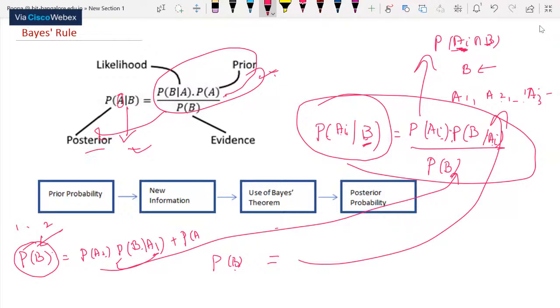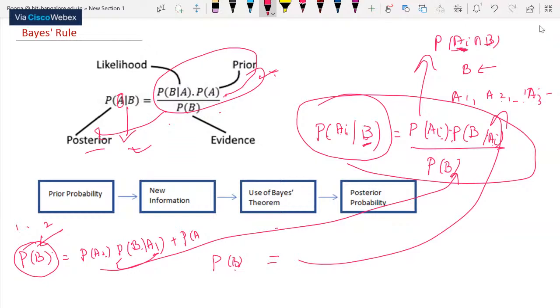Whenever I want to find the posterior probability, there we have to use the Bayes rule or Bayes theorem to find the posterior probability with the help of the prior. There we are using Bayes rule to overcome the ambiguity.